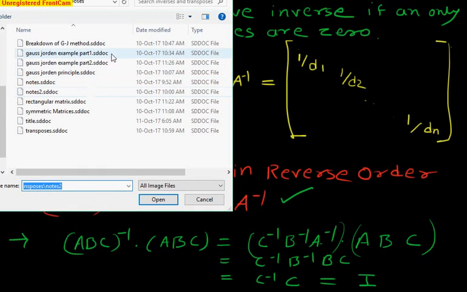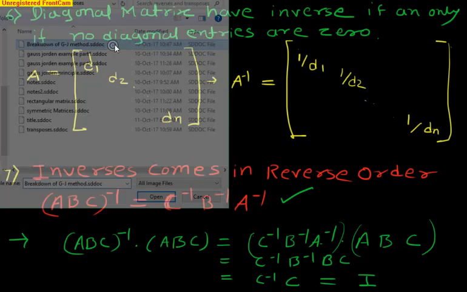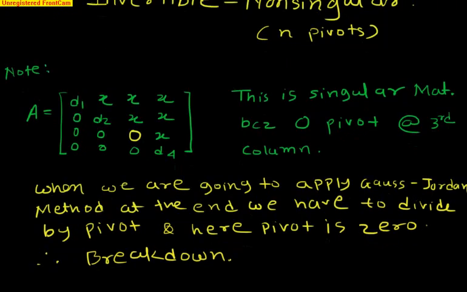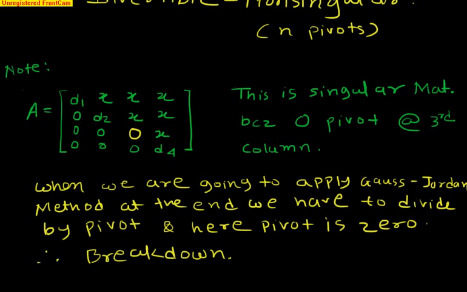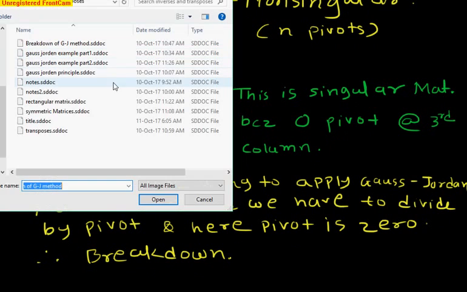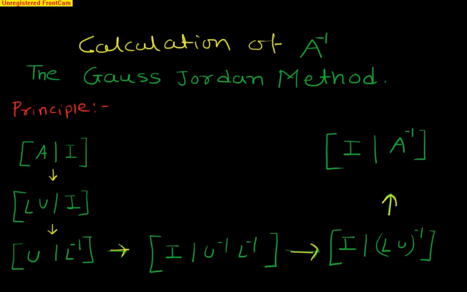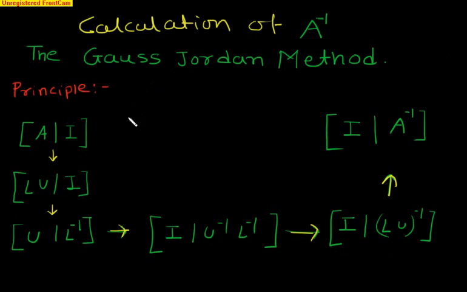Now we'll move to the Gauss-Jordan example. But before that, we'll see the principle. Look here, calculation of A inverse.